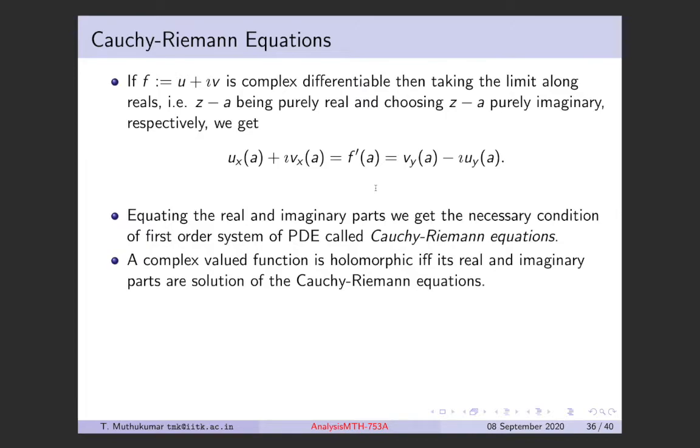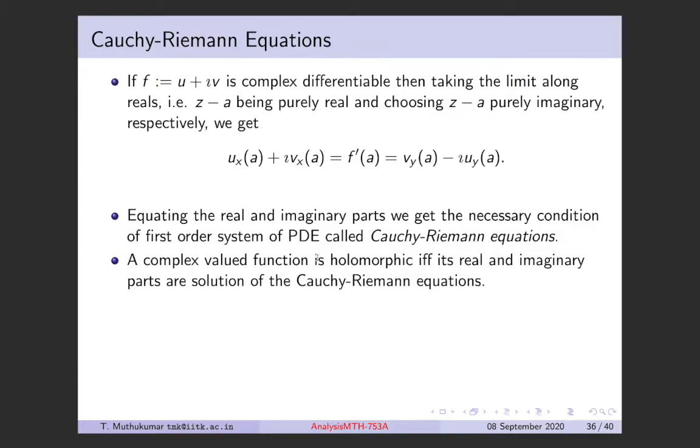It's a first order system of equations. You have two functions u and v, and they satisfy a system of PDE, because it involves partial derivatives. Now there is this result which we will not prove here. You can look at any complex analysis book, and you must have seen it in a complex analysis course. One way we have checked here.